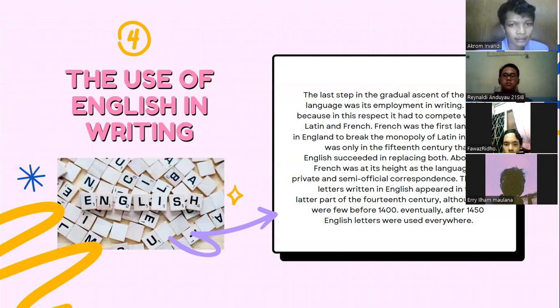The king set an example in using English in his correspondence and exerted certain efforts to promote its use in writing. Apparently, his victories over the French gave the English a pride.